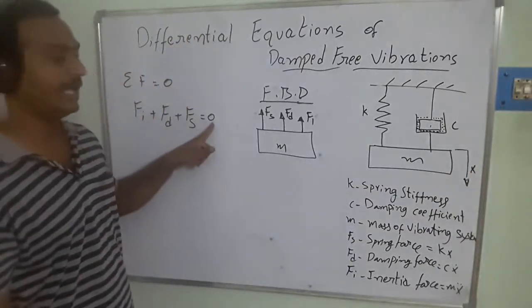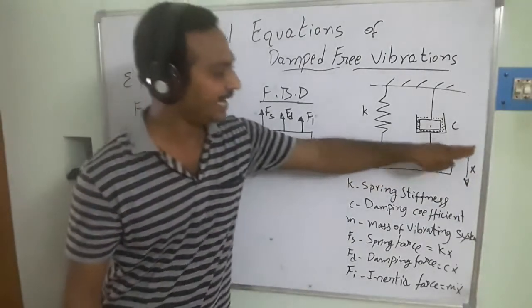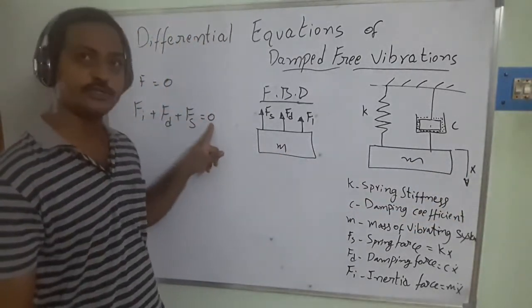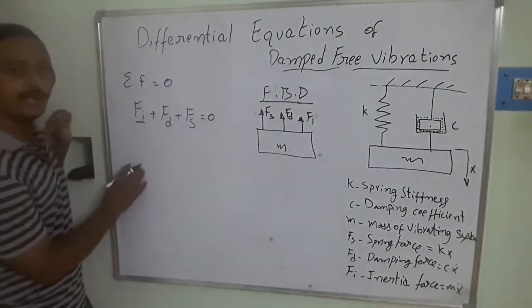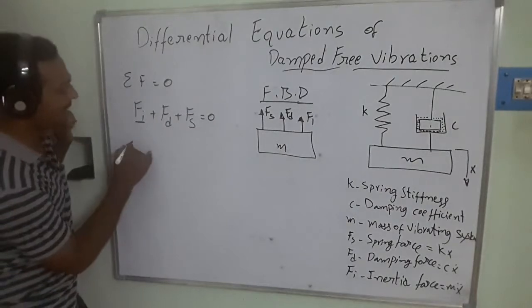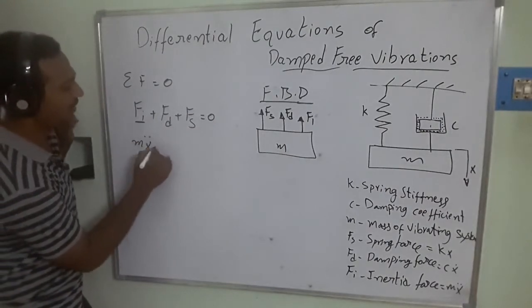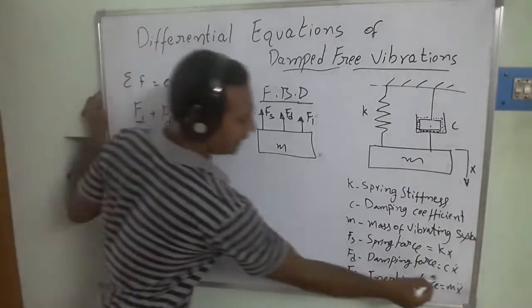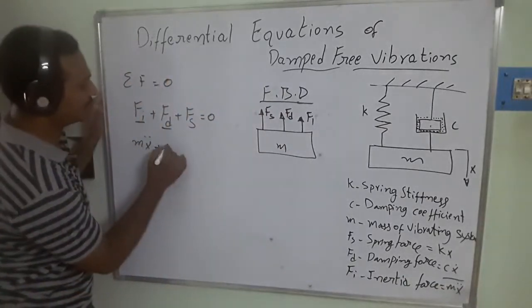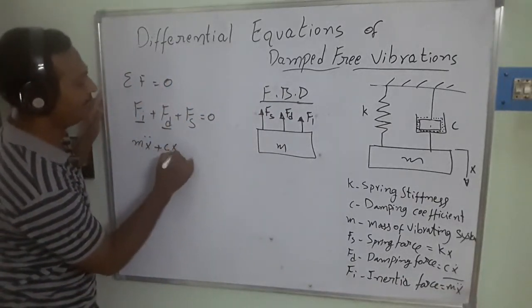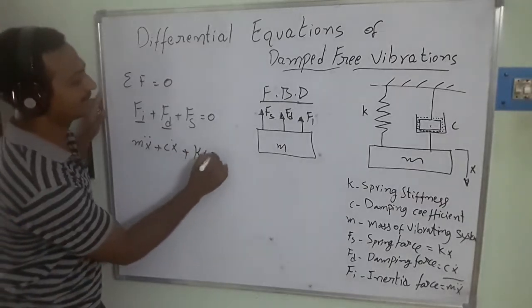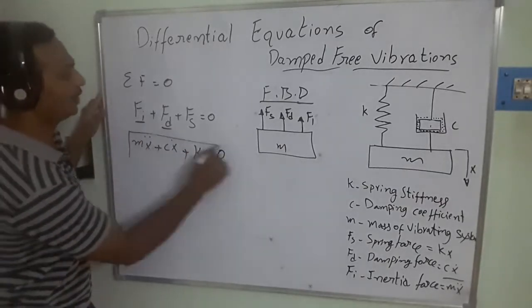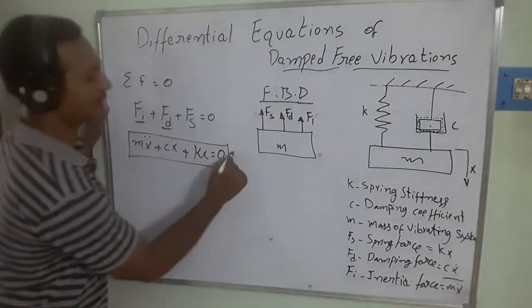If the force were acting continuously, this would not be 0, and we would have to include that acting force. So Fi is mass into acceleration, plus Fd, the damping coefficient times velocity, plus Fs, which is K into X, equals 0. This is called the equation of motion.